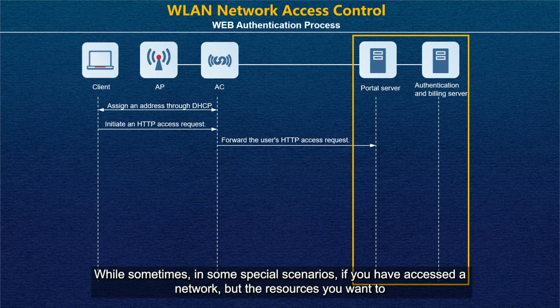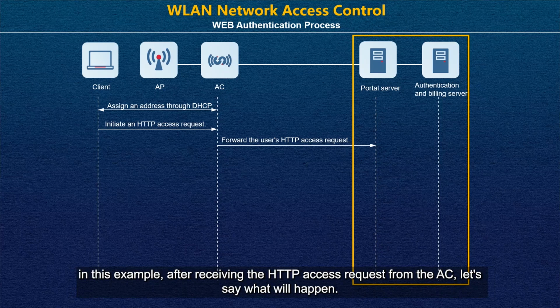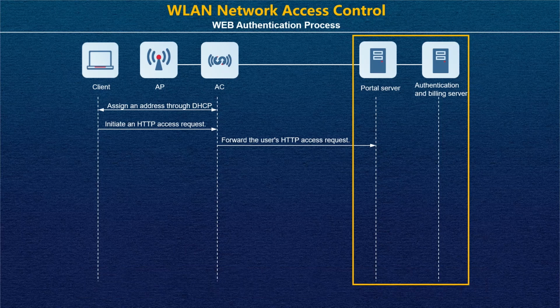Well, sometimes in some special scenarios, if you have access to a network, but the resource you want to visit does not need to be authenticated, maybe we can skip this step. Okay, and let's say here in this example, after receiving the HTTP access request from the AC, let's see what will happen.